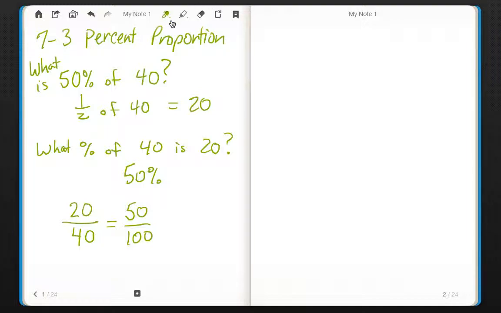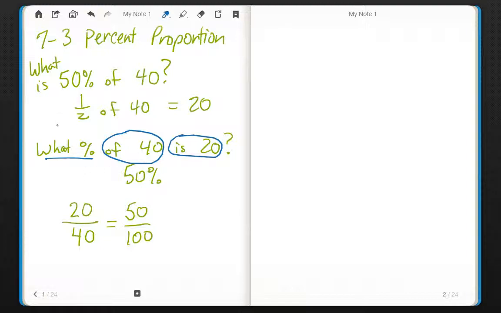I want you to write this question down and go back up to it, and notice that the number 20 has the word "is" connected to it. The number 40 has the word "of." And then we're talking about a percent right there.